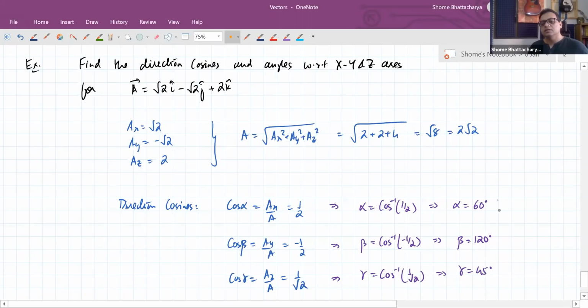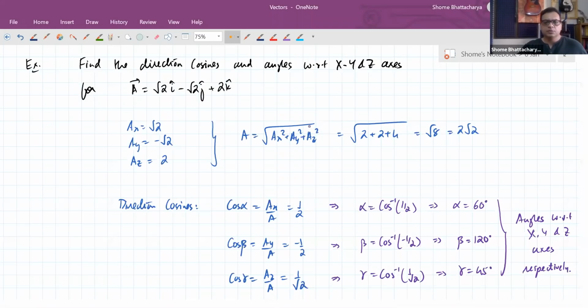So these are the angles with respect to the x, y, and z axis respectively. That is how we make use of the formula of direction cosines in solving this type of question. This is the basic part about representation of vectors.